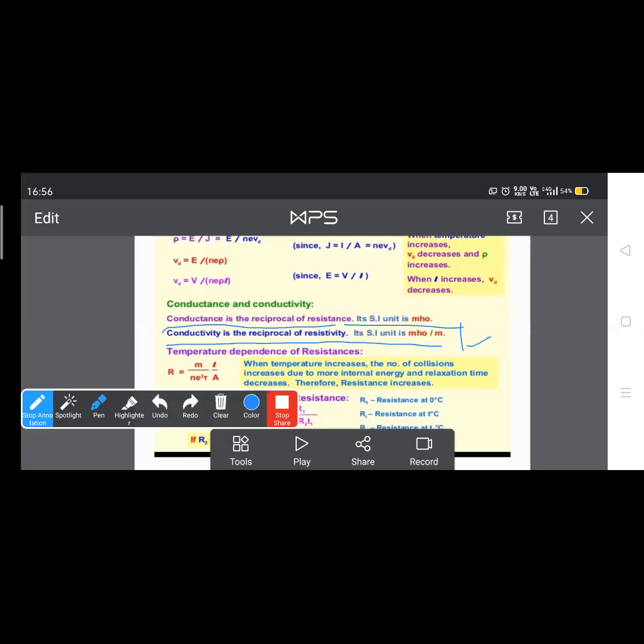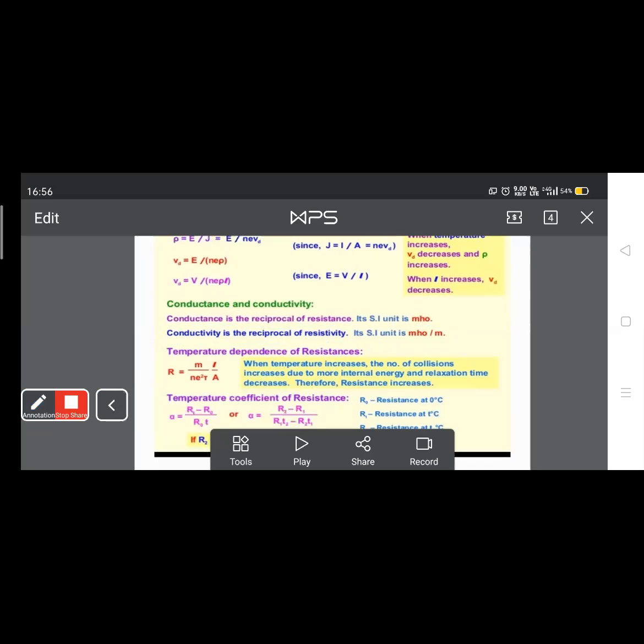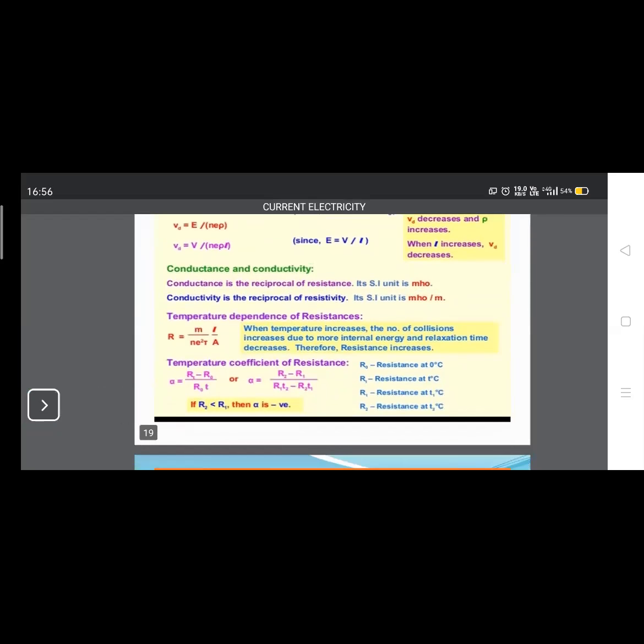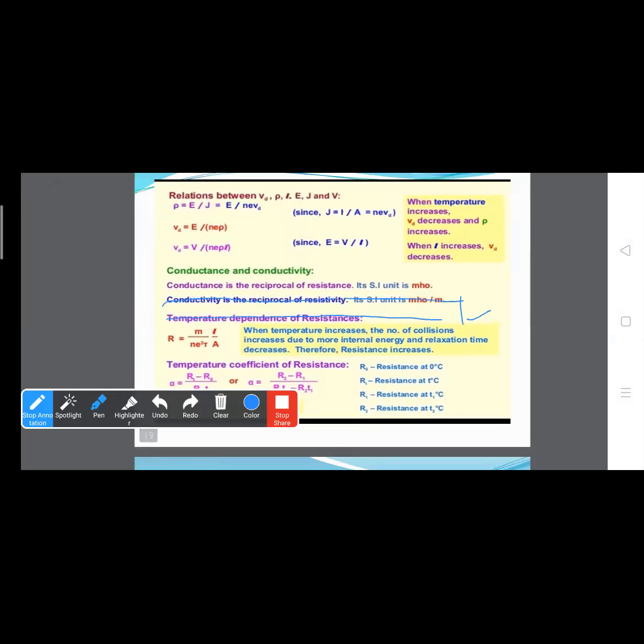Now temperature dependence of resistance. We already know the formula of resistance is R equals m l upon n e square tau A. When the temperature of the conductor increases, the number of collisions also increases due to more internal energy.